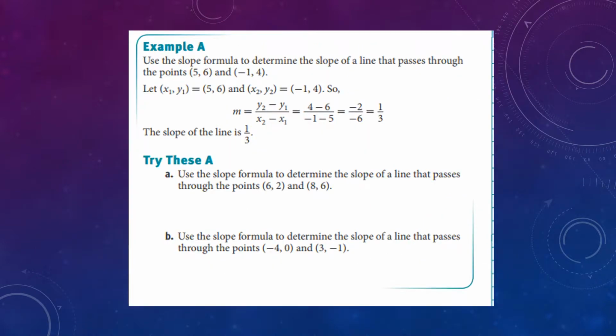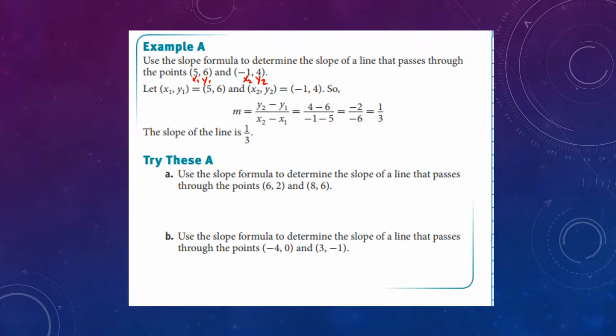For example A, we're going to use the slope formula to determine the slope of a line that passes through the points (5, 6) and (-1, 4). These will be my x1, y1, and these will be my x2, y2.